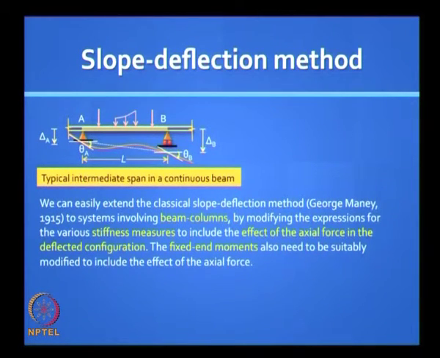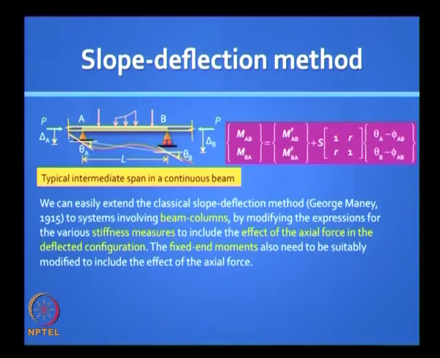We also need to modify the fixed end force effects. So this is your basic element in slope deflection method. We are now going to apply an axial compression P, and we are going to see how it affects the stiffnesses. What are the conventional stiffnesses? 4 EI by L, 2 EI by L and so on. So this is how it gets affected. It is very simple.